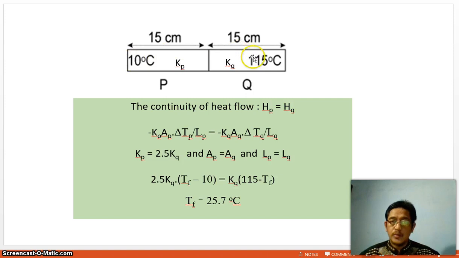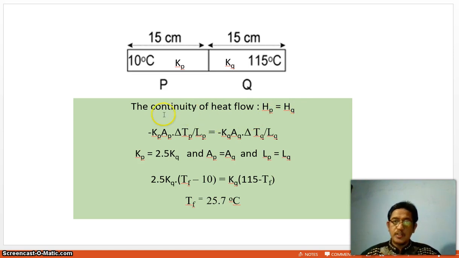So you can draw the problem like this. Remember that we have the continuity of heat flow. So the heat flowing from P to Q has to be equal to the heat flowing from Q to P, or HP equals HQ.